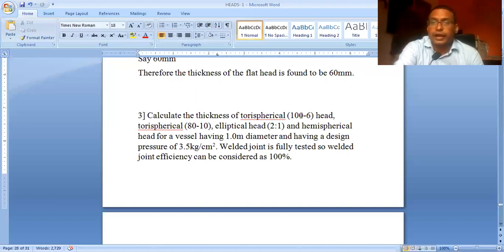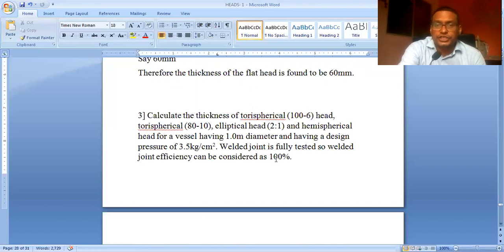Now here 100 is the crown radius and 6 is the knuckle radius. In this case 80 is the crown radius and 10 is the knuckle radius. And the design pressure is 3.5 kgs per centimeter square.